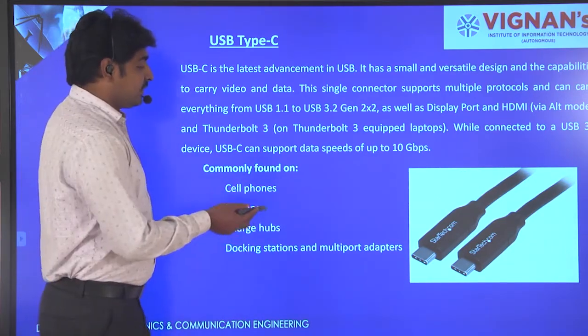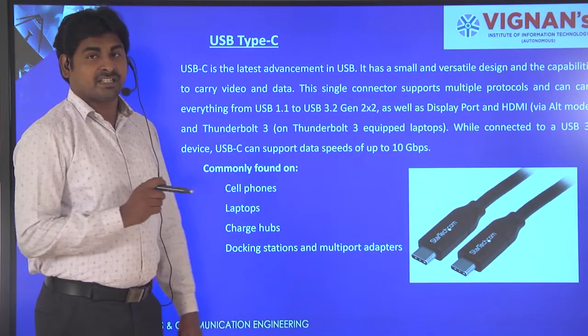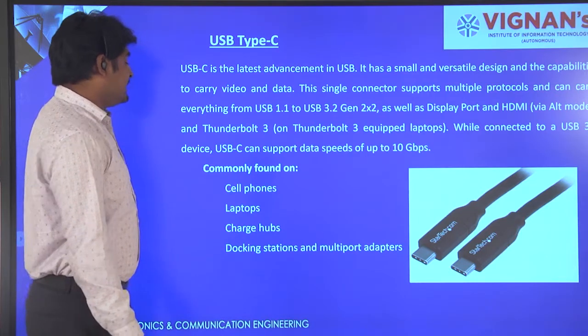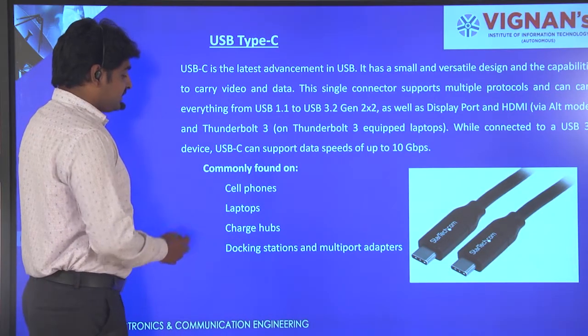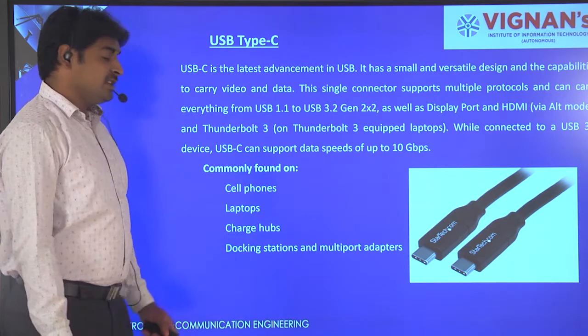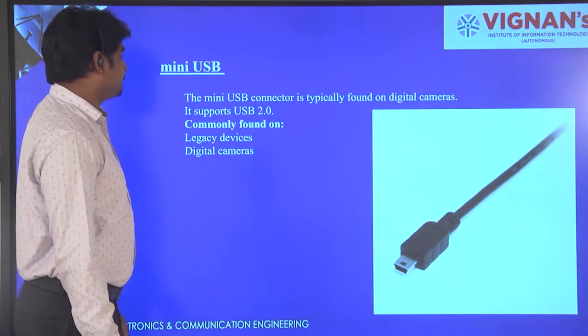Moreover, they are also small in size compared to the other USB connectors. Therefore, nowadays they are commonly used in cell phones, laptops, charge hubs, docking stations and multi-port adapters.